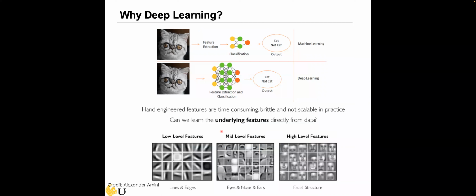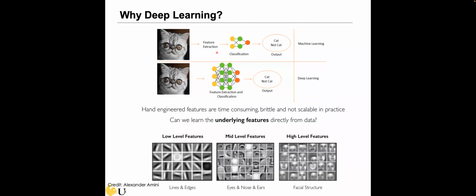But why do we want to use deep learning? Compared with traditional machine learning, here is a brief diagram showing what classical machine learning does. For example, you want to perform image classification, or object recognition. Given an image, say a cat image, classical machine learning first extracts some meaningful features.